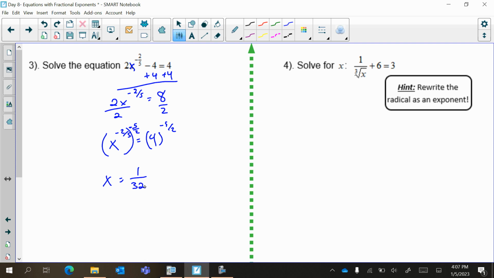And on top of that, our denominator was finally even. The denominator represents a root, and in this case, if your denominator is 2, you're taking the second root, which is the square root. Anytime you take an even root, you need a plus or minus. So our answer is truly plus or minus 1/32.